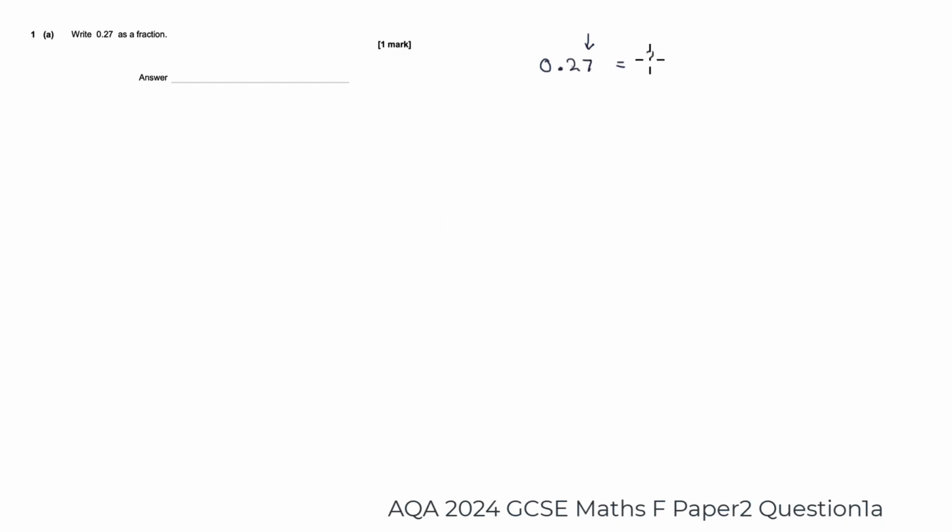So you can read that fraction straight away from this decimal. 0.27, 27 hundredths.